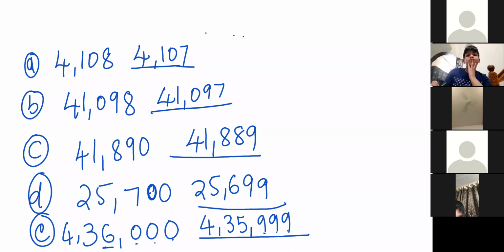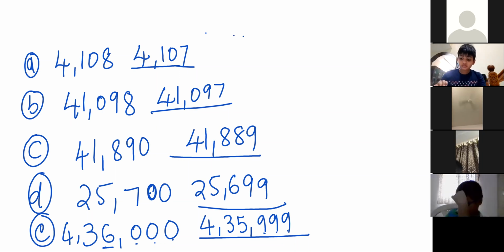See, only the zeros' before numbers should be changed to its before number. Subtract only 1 from that digit only. Why should 3 become 2 again? Now it's cleared. Is it clear now? Is it okay? Okay. Don't get confused.